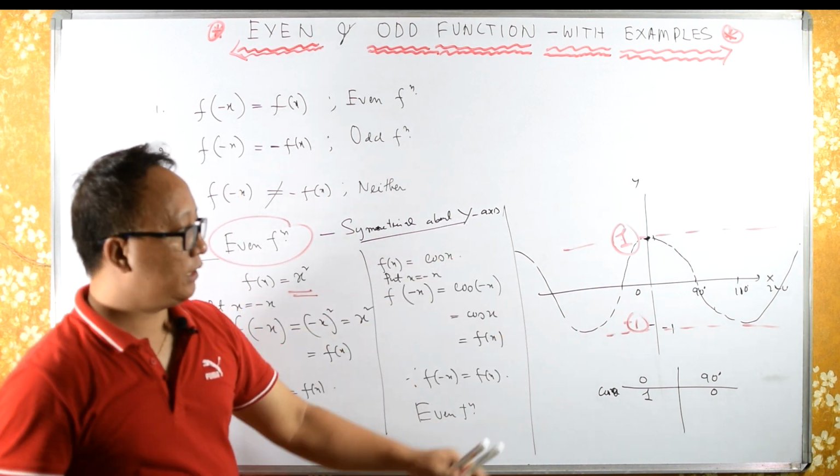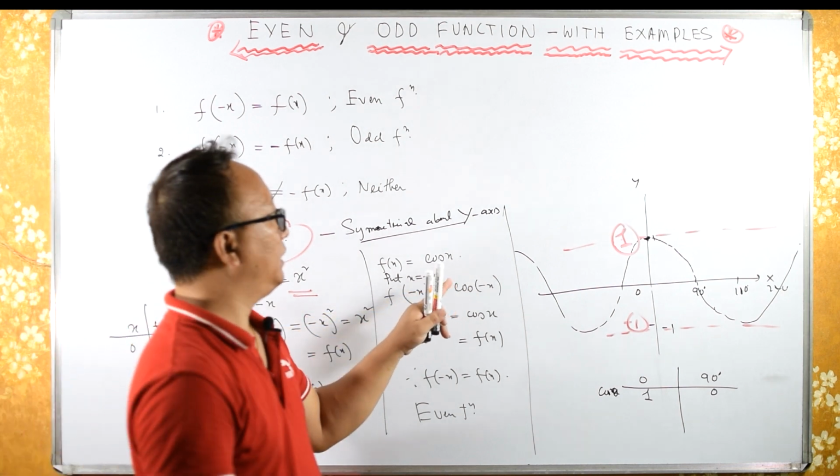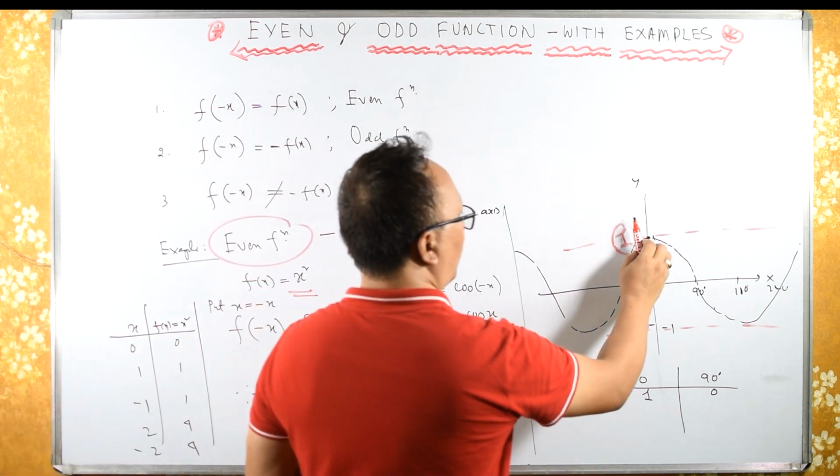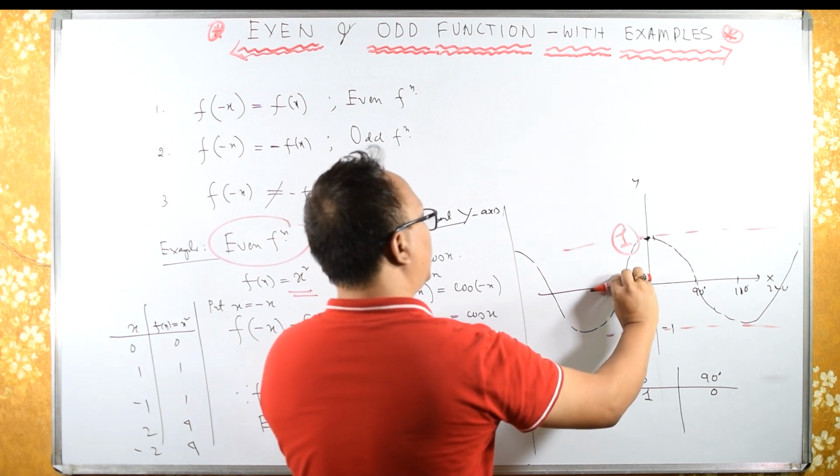You can check that cos x is an even function, therefore it is symmetrical about the y-axis. This whole part you can flip like this.